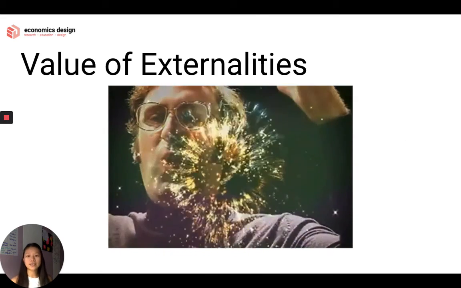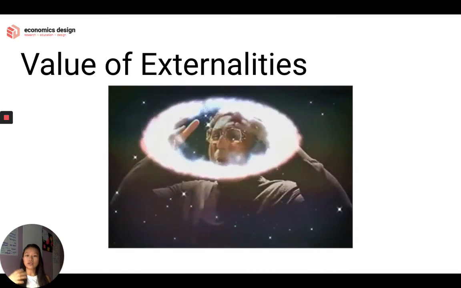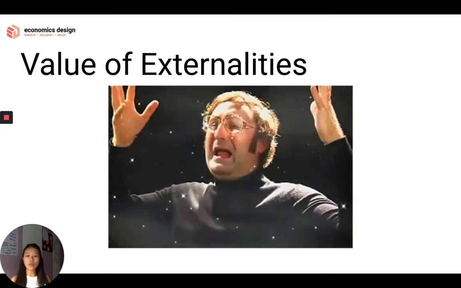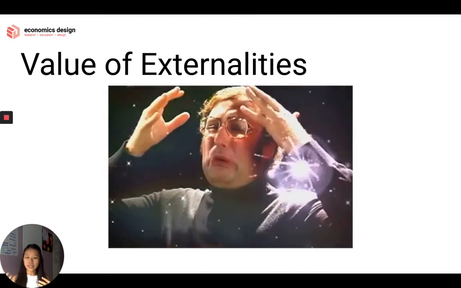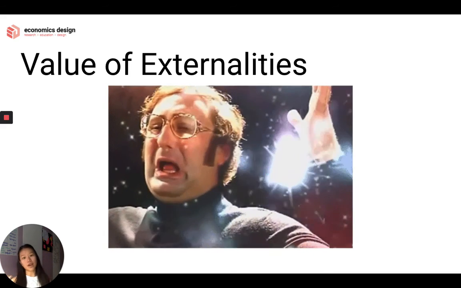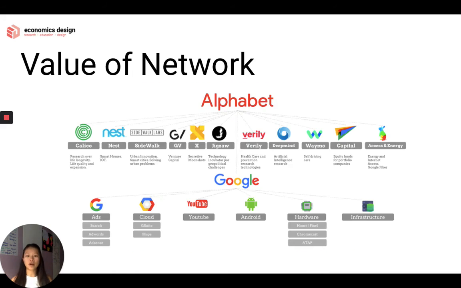The value of externalities is also very important. They're all linked together. When you have networks coming together, you can have idea synergy, collaboration, and idea spillover. Something that works for YouTube, the same concept might be done in Nest or somewhere else, or something in Nest can be used for Android.